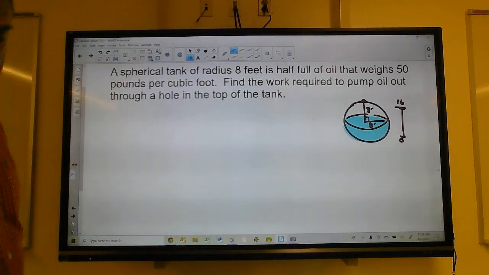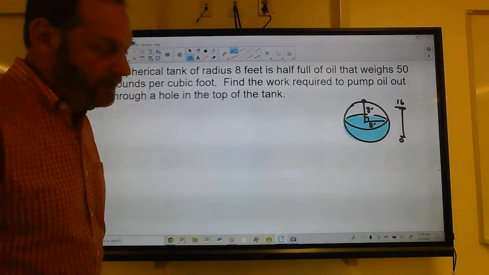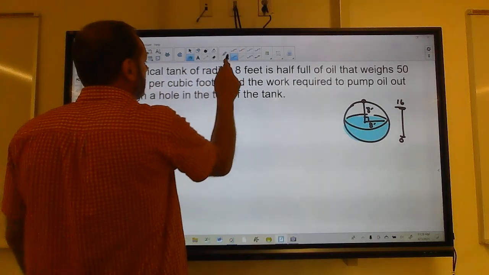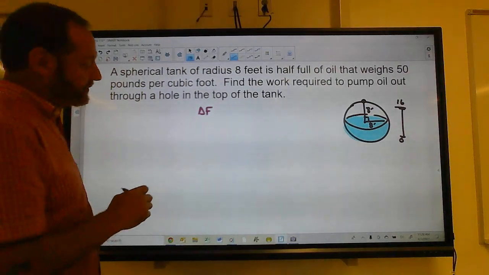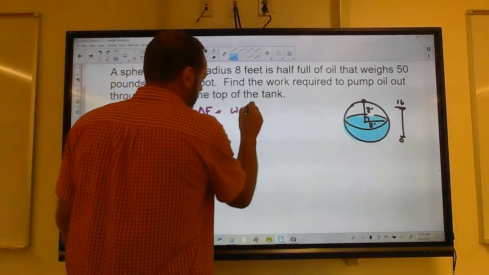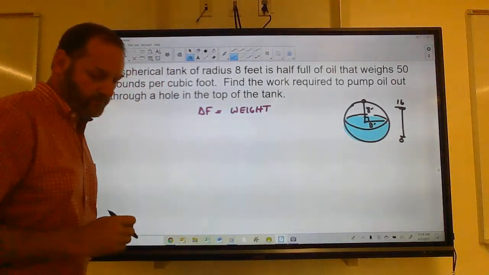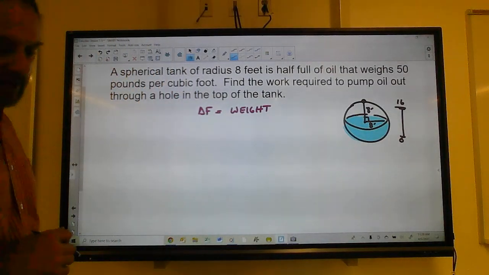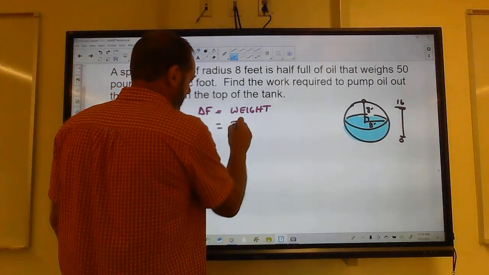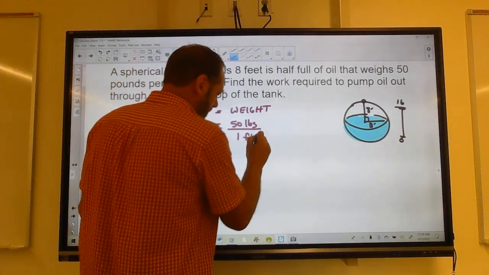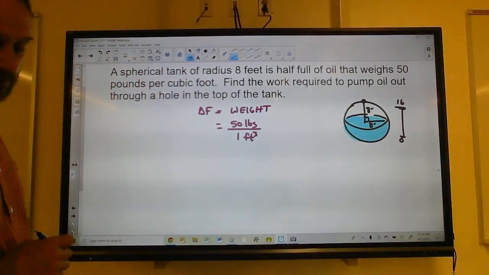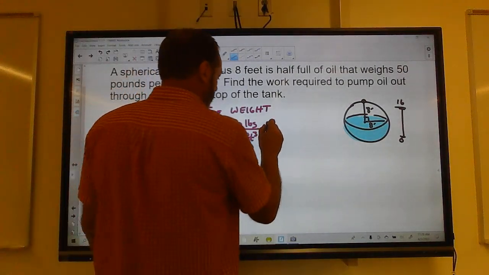Okay. So here we go. So the change in force is going to equal the weight. Okay, and it's 50 pounds per cubic foot times the volume.